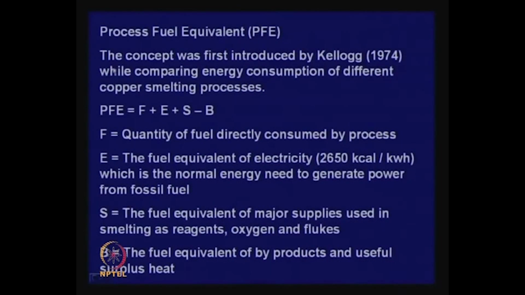Then we calculate S. S is the fuel equivalent of major supplies used in smelting as reagents, oxygen and fluxes. This is something that one usually forgets, that in a process you have brought in some raw materials, but the raw materials have not come out of nothing, they have come out of something and they have needed energy for their processing.